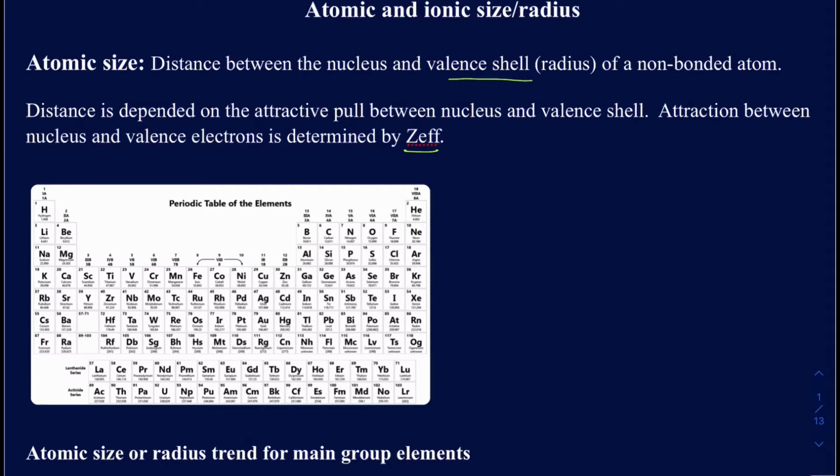Now, when we go from left to right in a period, your Z effective increases. If the Z effective is increasing, what that really means is your valence shell electrons are going to be pulled in toward the nucleus with a stronger force. As a result, the size of the atom is going to decrease.